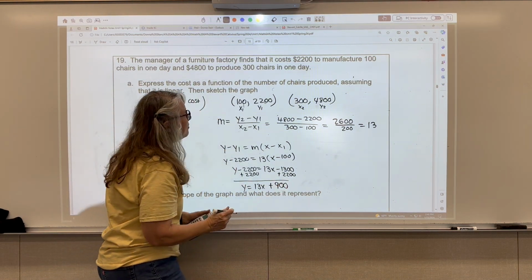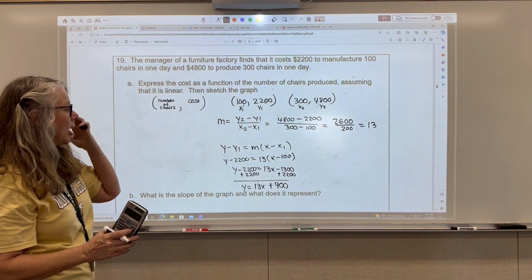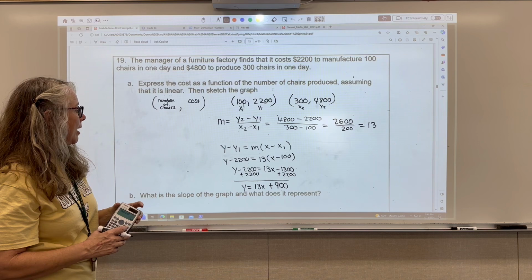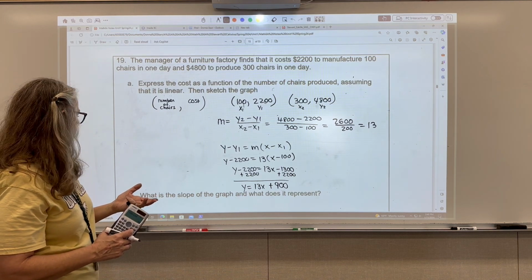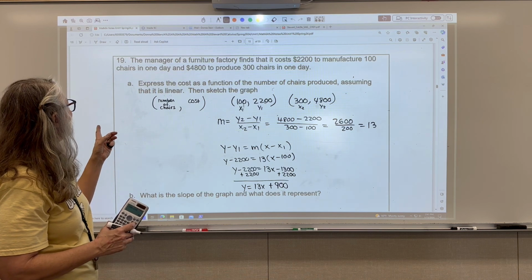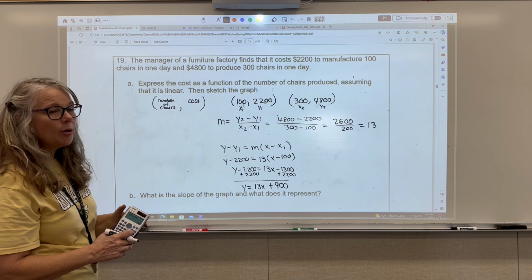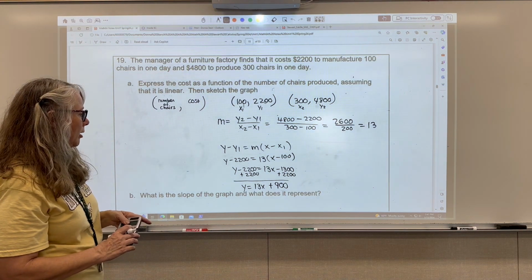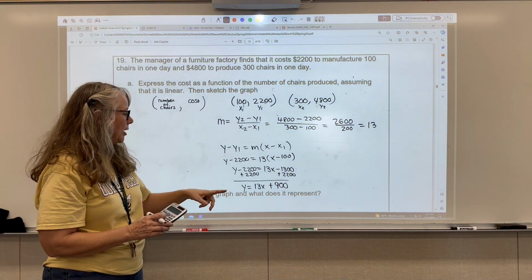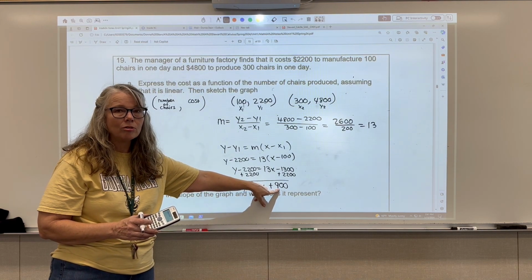Now they didn't give me variables, like they didn't say to use C for cost, and I used y for cost, right? And x to be the number of chairs. Let's see here. They wanted me to sketch the graph. Okay, I'll sketch the graph. I was laughing because we're going to cross the y-axis here at 900, right?